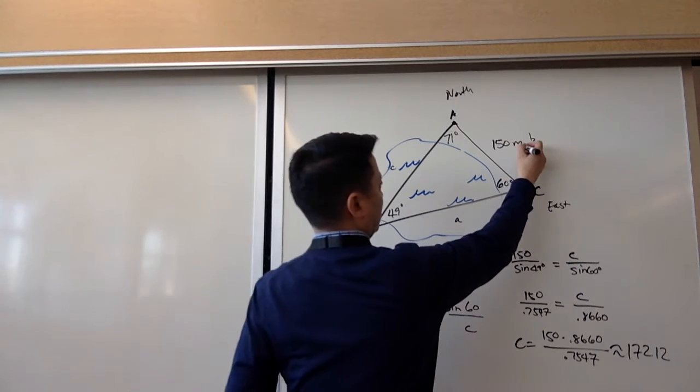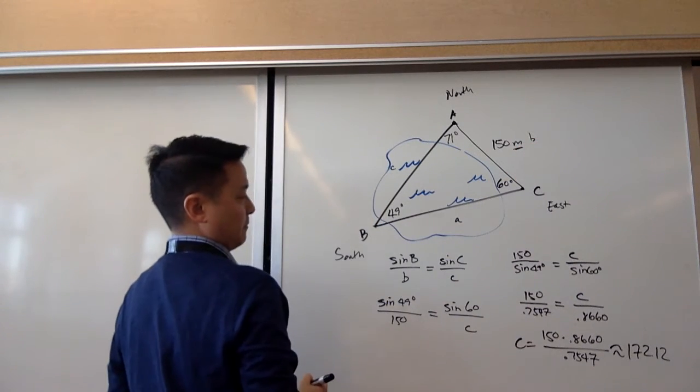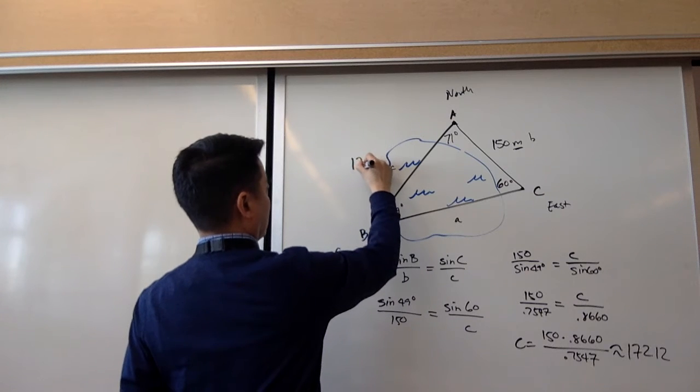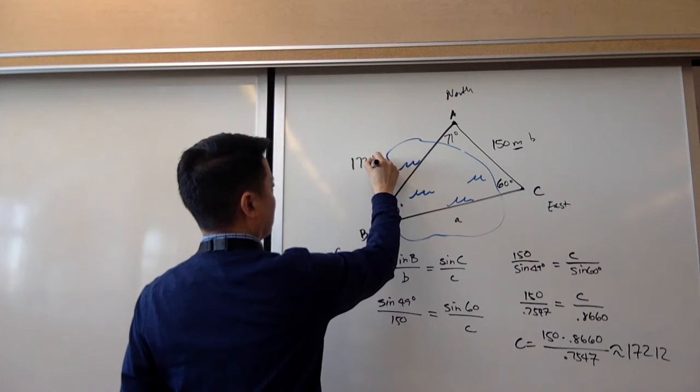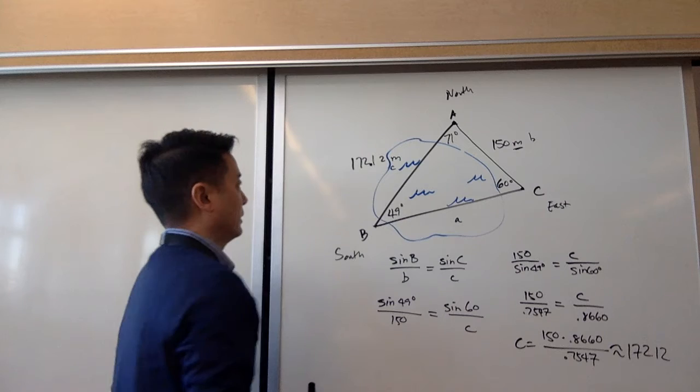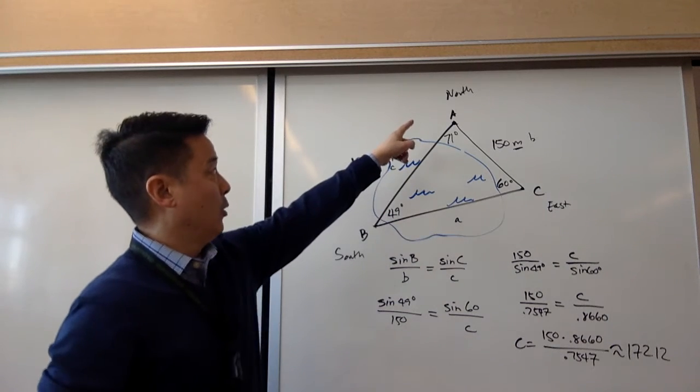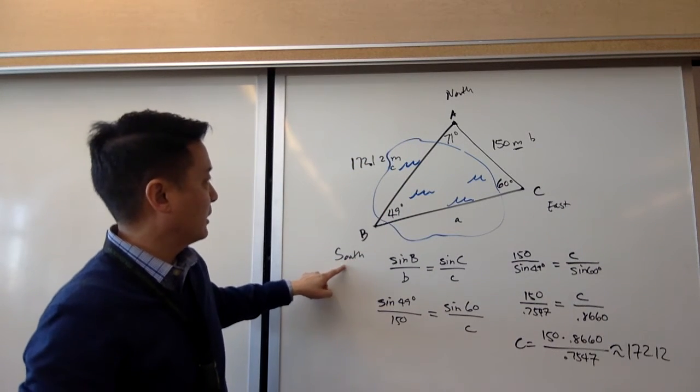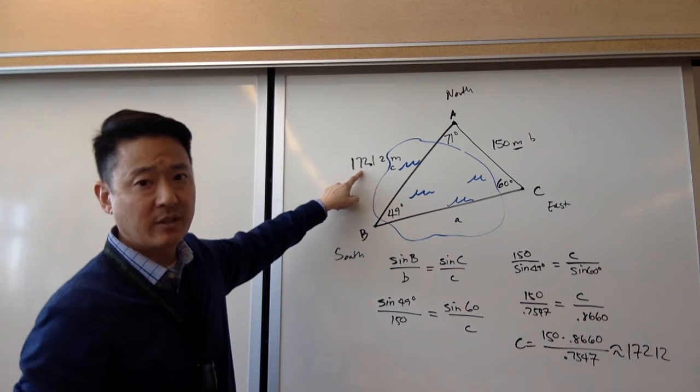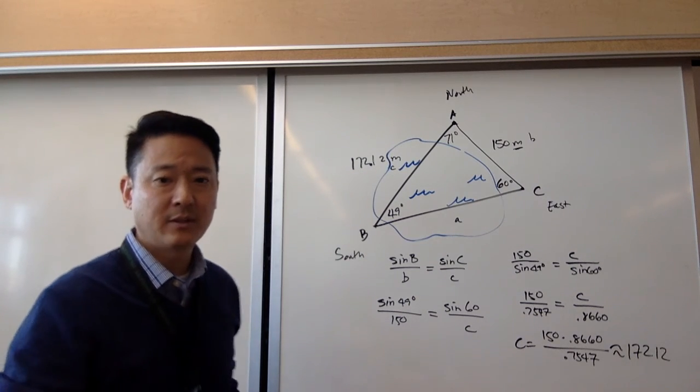And remember, the unit of measurement is meters, so this would be meters. So the distance from the north picnic area to the south picnic area is approximately 172.12 meters. And that's it.